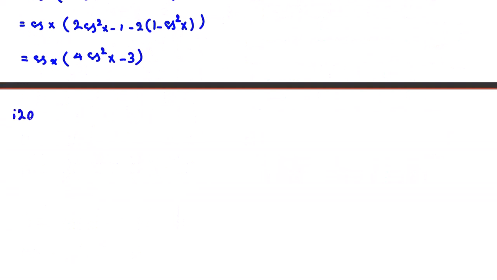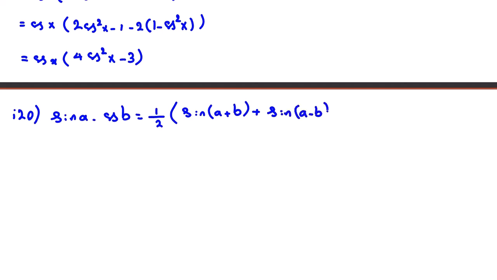Idea 20 is what? When you want to, for example, change sum to product or product to sum. Okay. This one, for example, if you want to change product to sum, sine A cosine B equals 1/2 times sine A plus B plus sine A minus B. Again, in some AMC problems, it is useful. Idea 21.